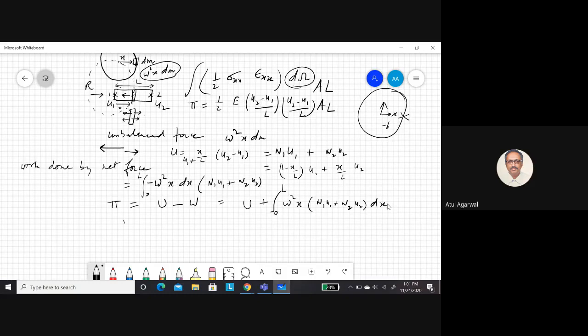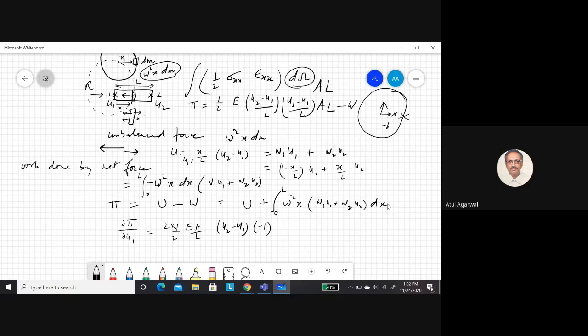Now you want del pi by del u1. The strain energy you already calculated, so what is its derivative with u1? You will get half EA by L, u2 minus u1 whole square, so this is this into minus 1.